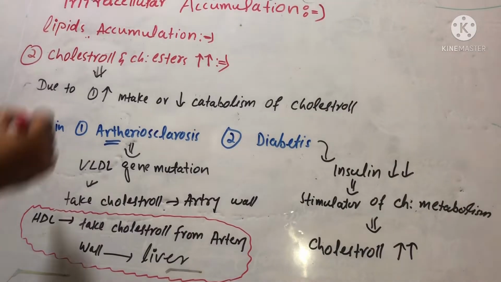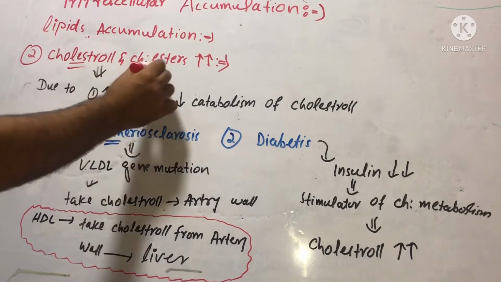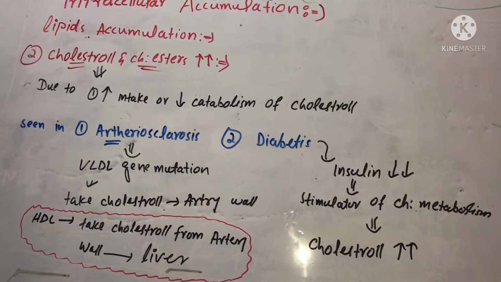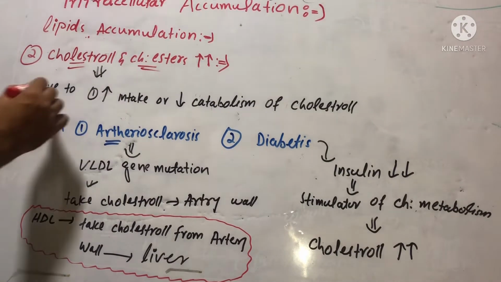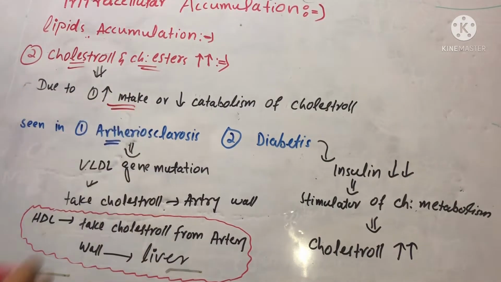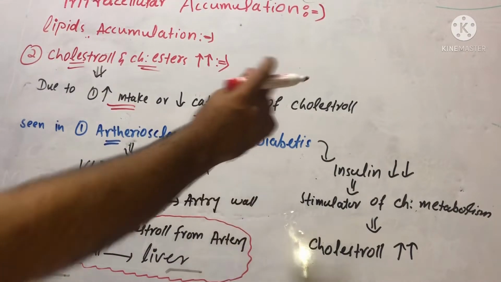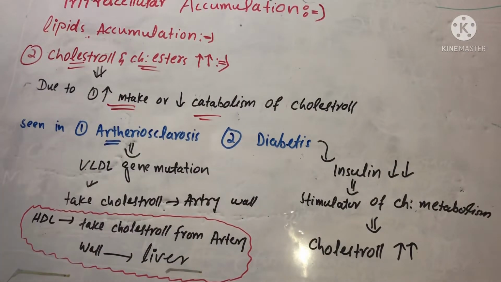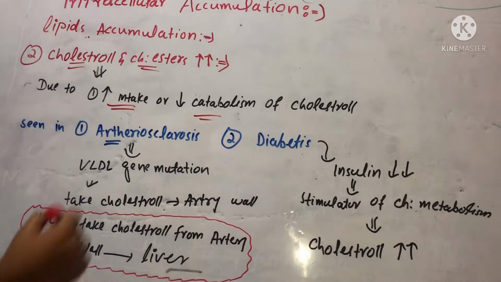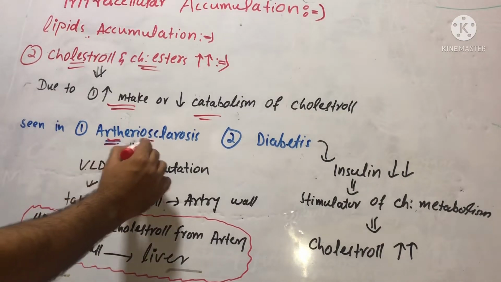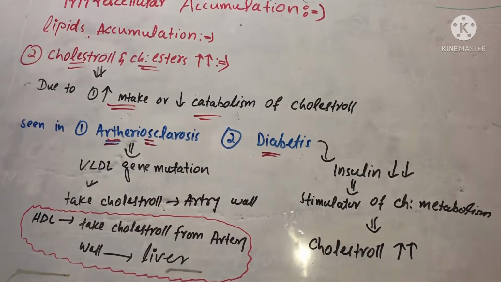Now we will discuss cholesterol and cholesterol esters accumulation. It mainly accumulates due to high intake or low catabolism of cholesterol. It is mainly seen in arteriosclerosis and diabetes. In arteriosclerosis, VLDL gene mutation occurs. And VLDL has two functions.